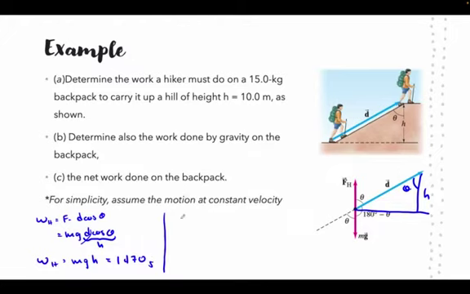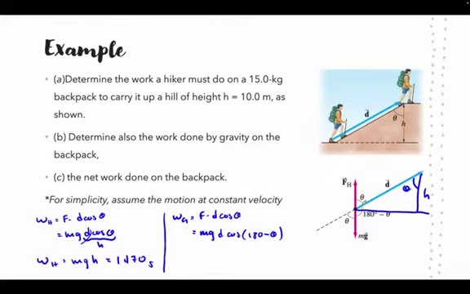All right, now let's look at the work done by gravity. The work done by gravity is going to be equal to F d cosine theta. So this is going to be equal to F, which is the force of gravity, which is mg, and then d cosine of 180 minus theta, because this 180 minus theta is the angle between the force of gravity and the displacement.